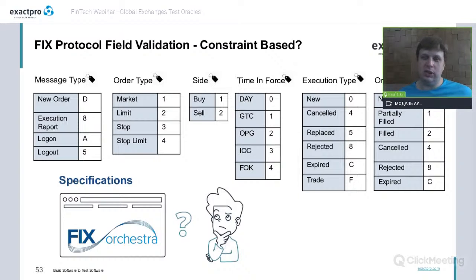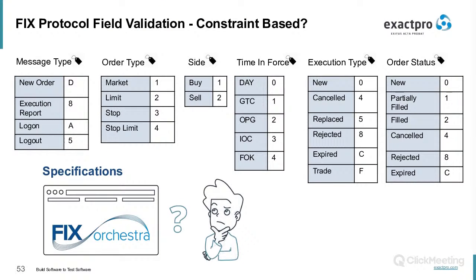As shown here: new, partially filled, filled, cancelled, rejected, expired. It is not possible to have something like 666 in order status, or for it to be absent. And we can apply the rule to check this constraint on all outbound messages to see that it is the case.